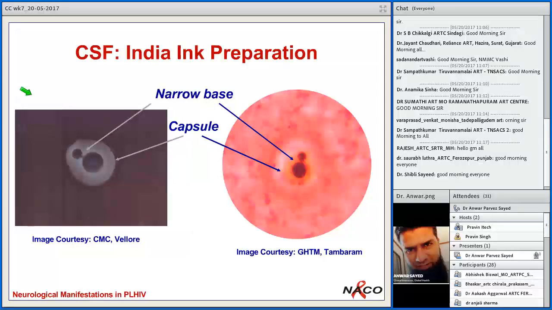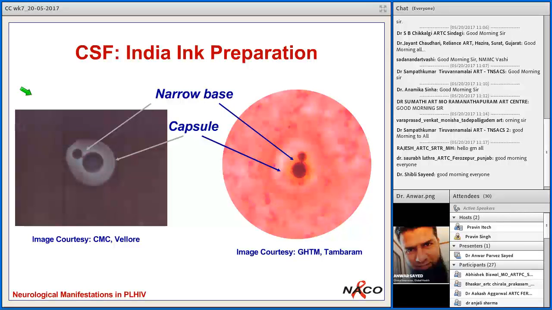and number three, now you are also seeing the lesions on the skin. Lesions like molluscum contagiosum, which is called a cryptococcal lesion or cutaneous cryptococcosis. So this is not molluscum contagiosum, but it is cutaneous cryptococcosis.